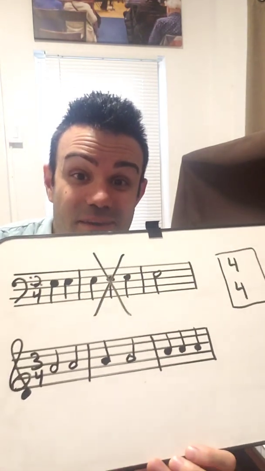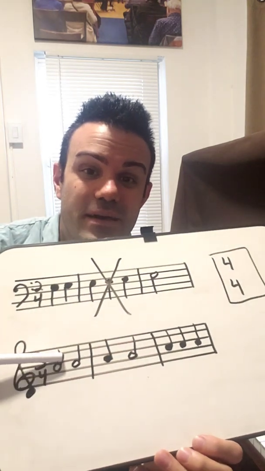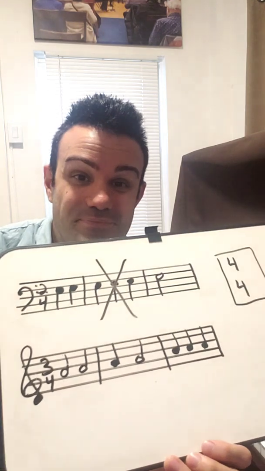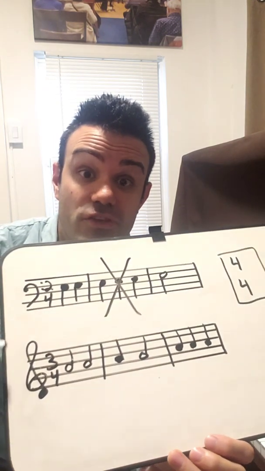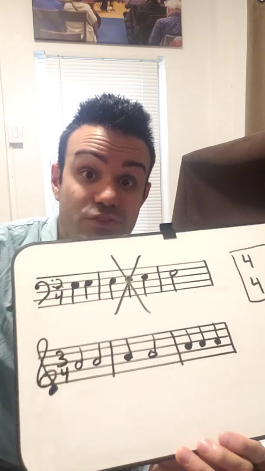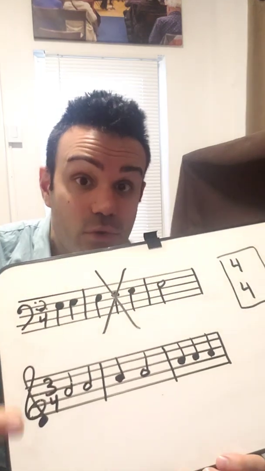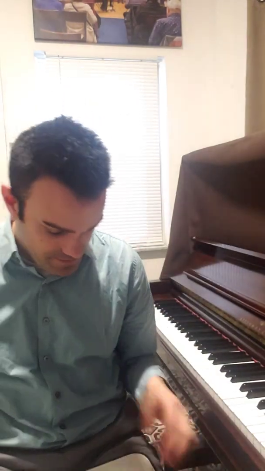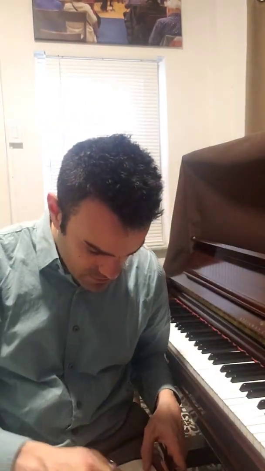That's your wrong measure, right? You cannot have 2 half notes in a measure where your time signature is 3/4, because if the quarter note is what gets the beat and there are 3 beats per measure, that means there are as many as 3 quarter notes. Can't have 4. Right? That's too many. Good job.